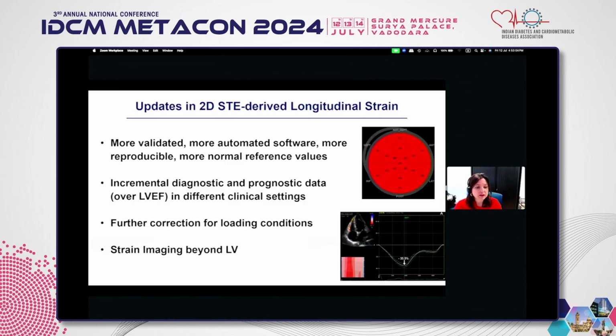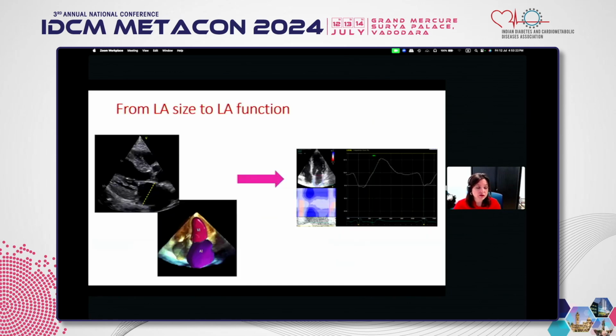But most important, for the final part of the presentation, I would like to stress the fact that we can use strain measurement not only on the left ventricle, but also on the other chambers, which have been increasingly reaching attention because they are also very important for our patients. So the first one is for sure the left atrium.